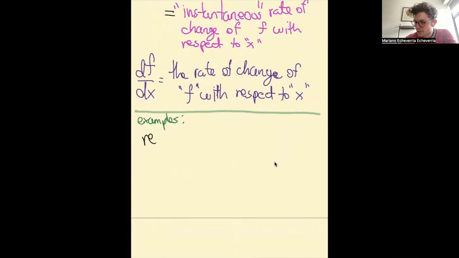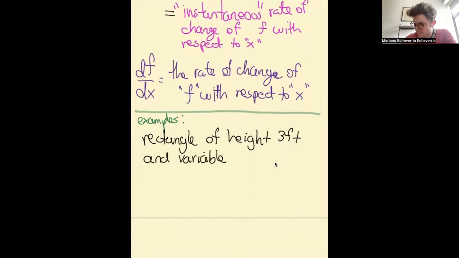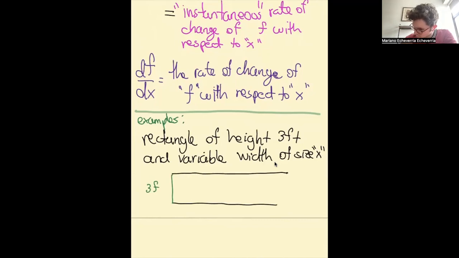Let's say you have a rectangle of height 3 feet and variable width of size x. So the rectangle could look something like this. So this is 3 feet. And length, let's call it x.